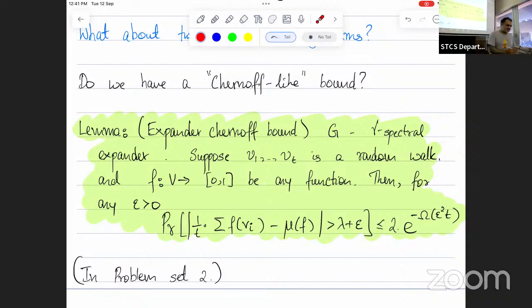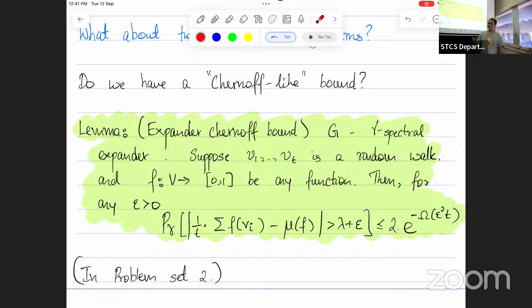Let's imagine that you have some function f on vertices that you care about. You can just think of f as maybe just an event, that is, some vertices it takes value 1, some vertices it takes value 0. Or maybe f is assigning a certain number and you care about the expected value of f or something. Whatever. I'm writing the most general form that was present in Vadhan's notes.